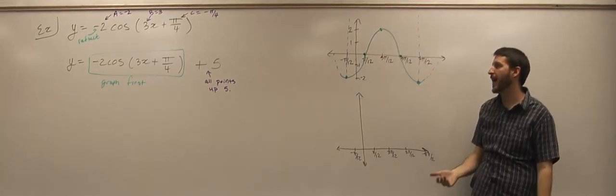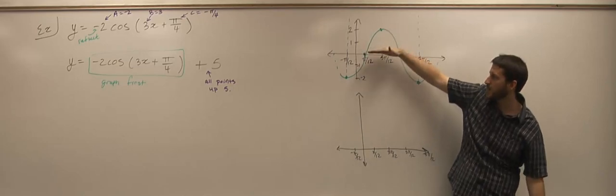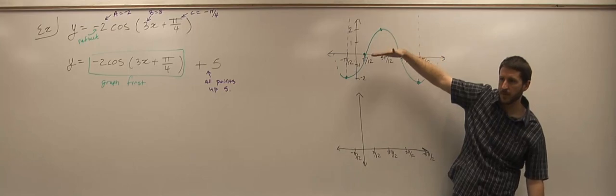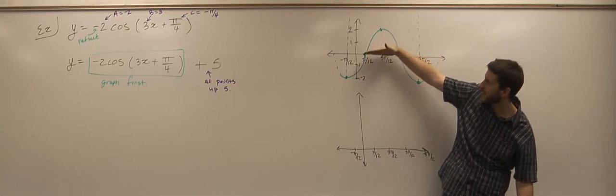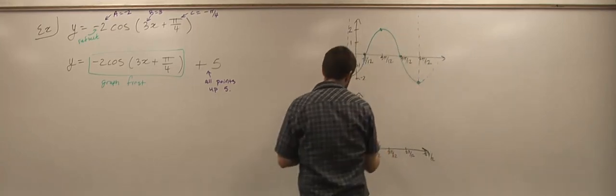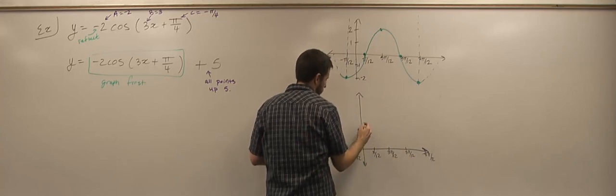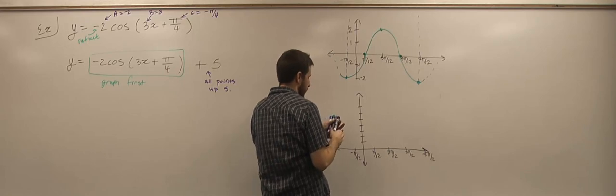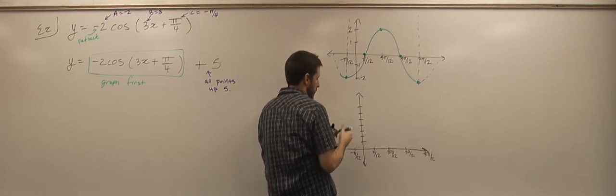Another way to think about that, this is how I usually think about it, is you can picture moving the x-axis up. Instead of this x-axis being at 0, it's going to be up at 5. I have to scale it down a little bit in case you couldn't tell.